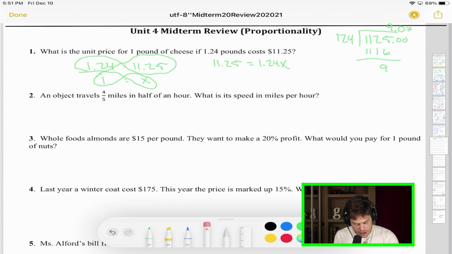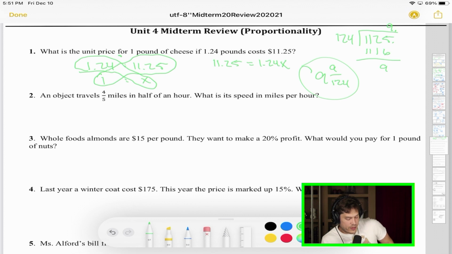We subtract, we have 9 left over. We have 9 remain, so we have 9 and 9/124ths. Perfect. There we go, guys. That's our answer.